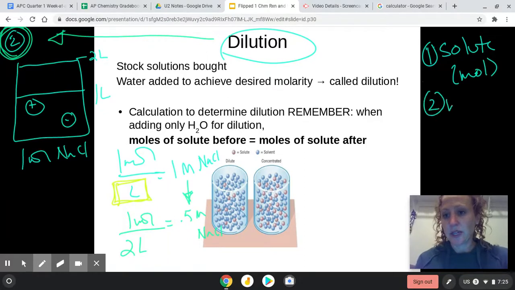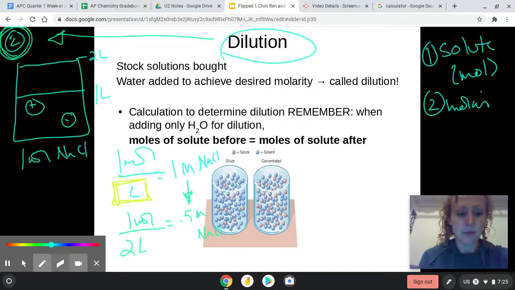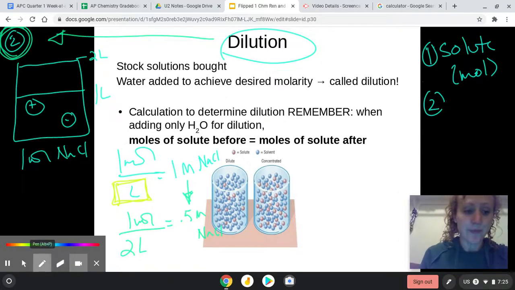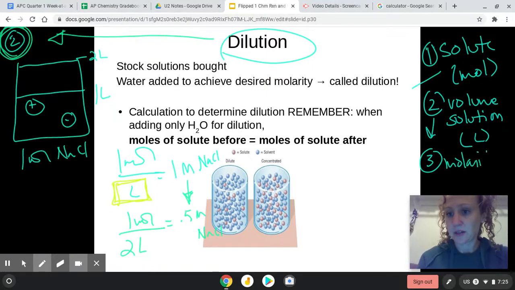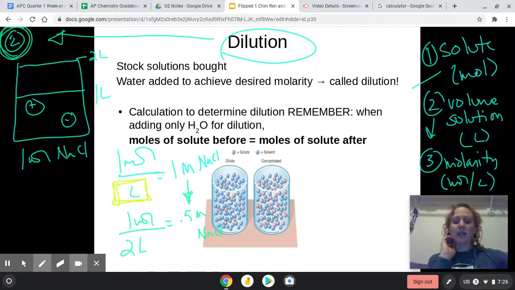You have the volume of your solution, which is in liters. And then together, those combine to make molarity in moles per liter. Okay, so molarity is a ratio like we talked about before. And these are the three things you have to keep track of.